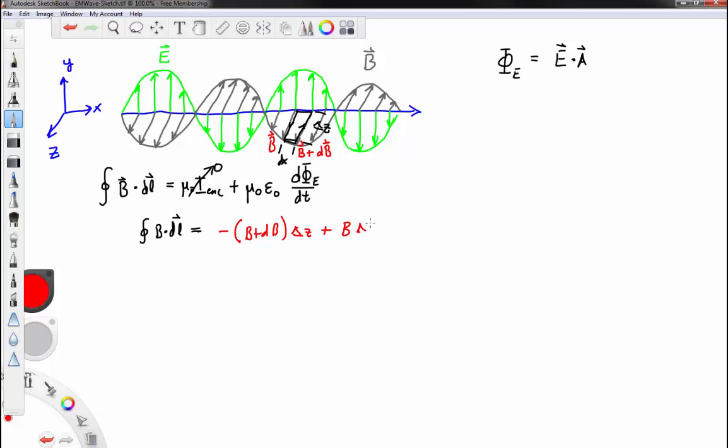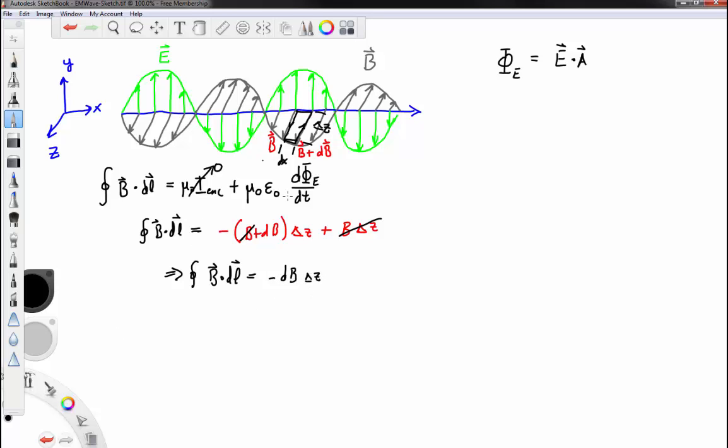So basically that means we're going to have a negative B delta z and a plus B delta z. So those terms go away, and we basically end up with, for this side, the integral of B dot dl around the closed loop is negative dB times delta z.